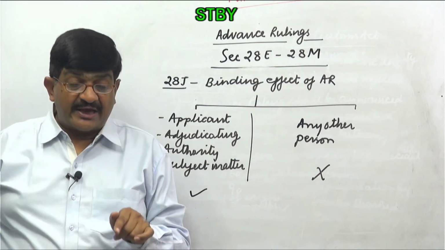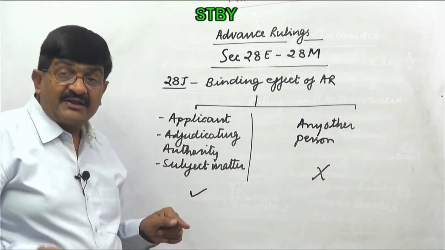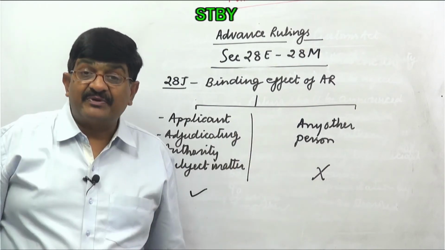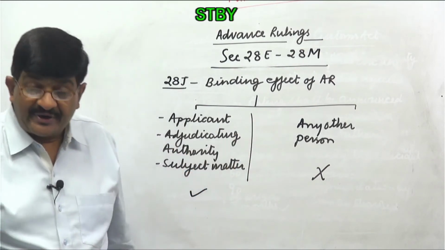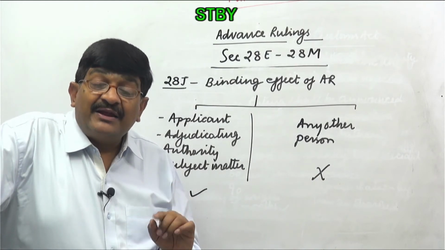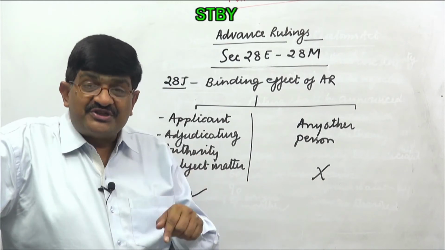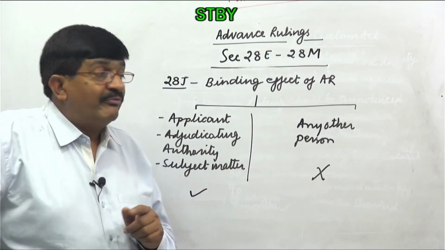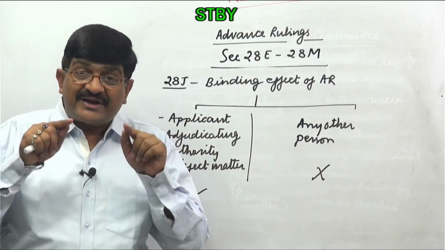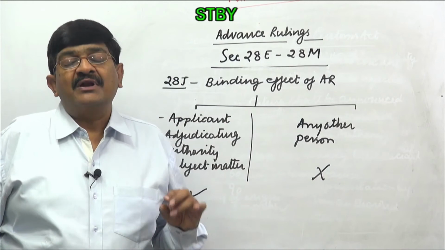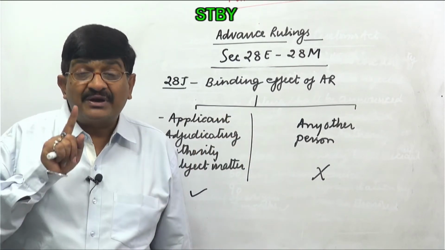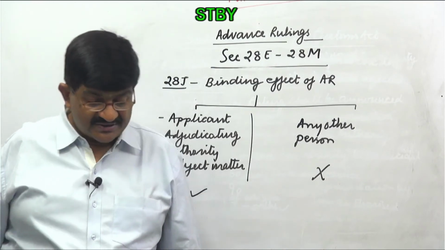So your question can be that as long as binding effect is there, the adjudicating authority is also bound by the advance ruling. Correct. What will happen in case of another person? I say no binding. It means the adjudicating authority can change the opinion for another person. Yes, it can. But practically, adjudicating authority will not change in the similar circumstances because he will have the support of this advance ruling. Outsider cannot claim the benefit of advance ruling, but 99.99% the decision will remain same there. Don't write it anywhere. It is only for your understanding.